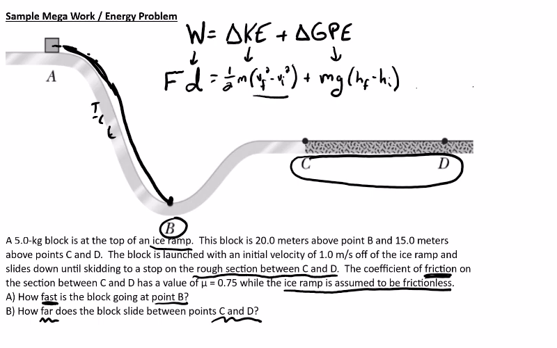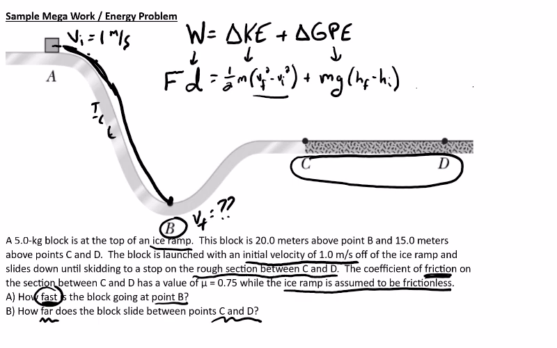I would say yes, because up here at the top it says the initial velocity is 1 meter per second. We're trying to find how fast it's going at point B, so we're really trying to find that final velocity. That's definitely going to be a part where we have a change in kinetic energy.